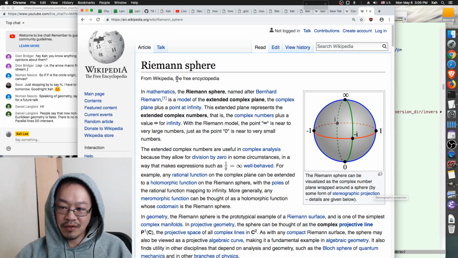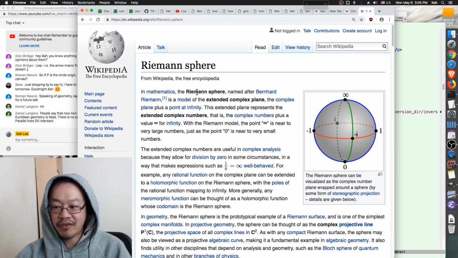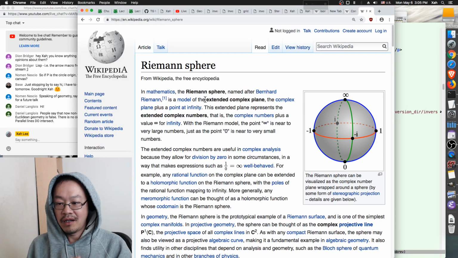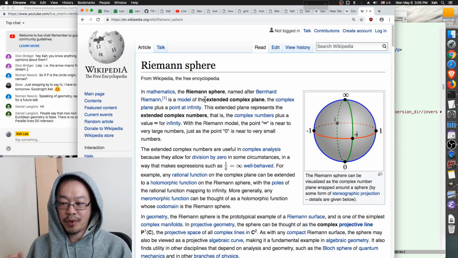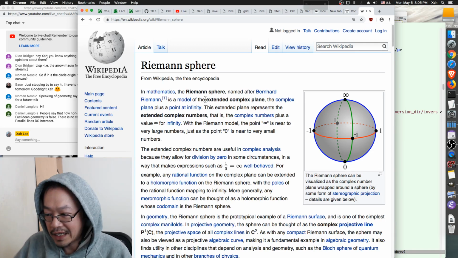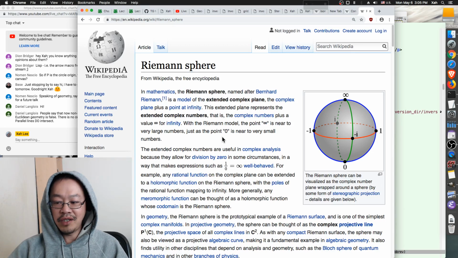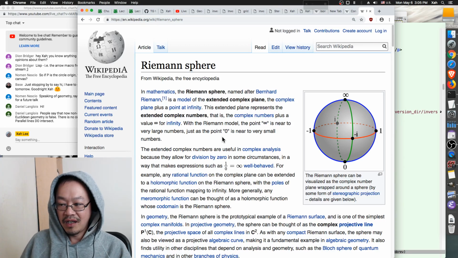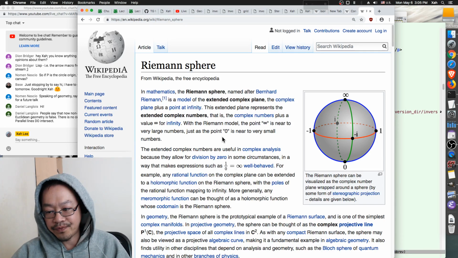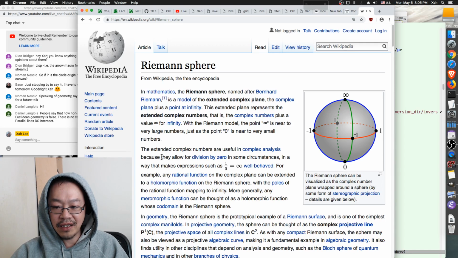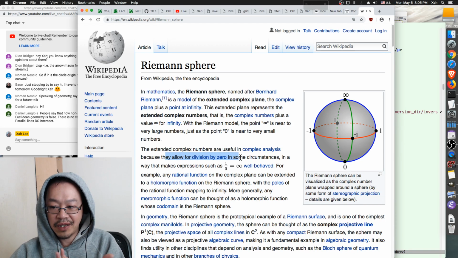So let's read it. In math, the Riemann sphere is a model of the extended complex plane, the complex plane plus a point at infinity. So when you study complex analysis, basically you are studying the Riemann sphere. And it's related to division by zero.